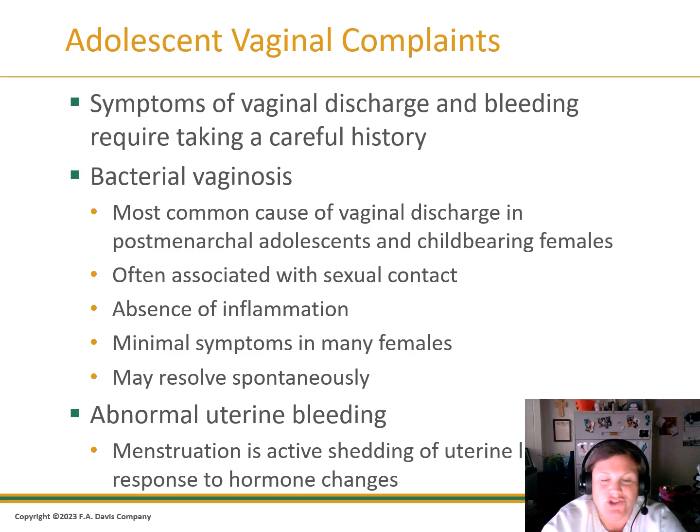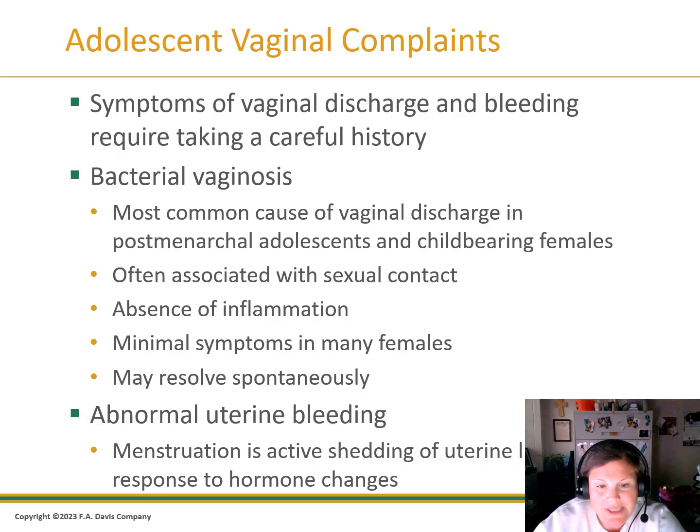With vaginosis, there's usually not any inflammation to the vagina. There is this discharge and this odor potential, and that's pretty much their only symptoms. It can resolve spontaneously, but sometimes it does require treatment.